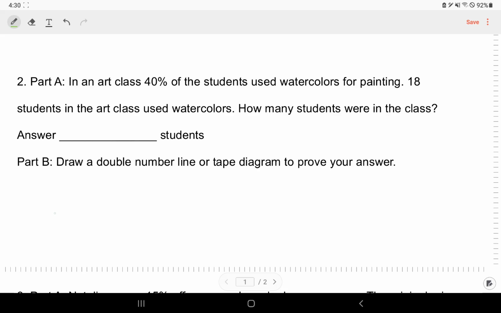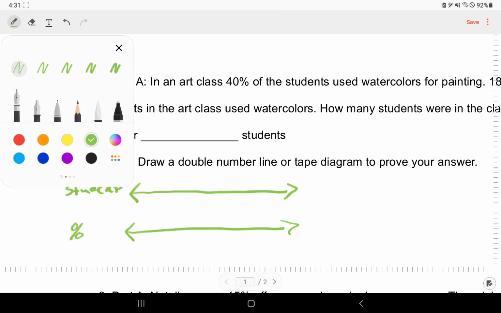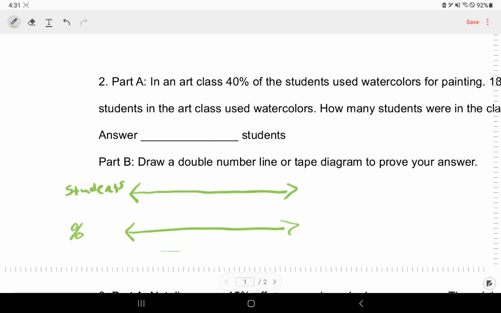So if you do the double number line, okay, so you got students and percent. Make it a little smaller so it's easier to see.